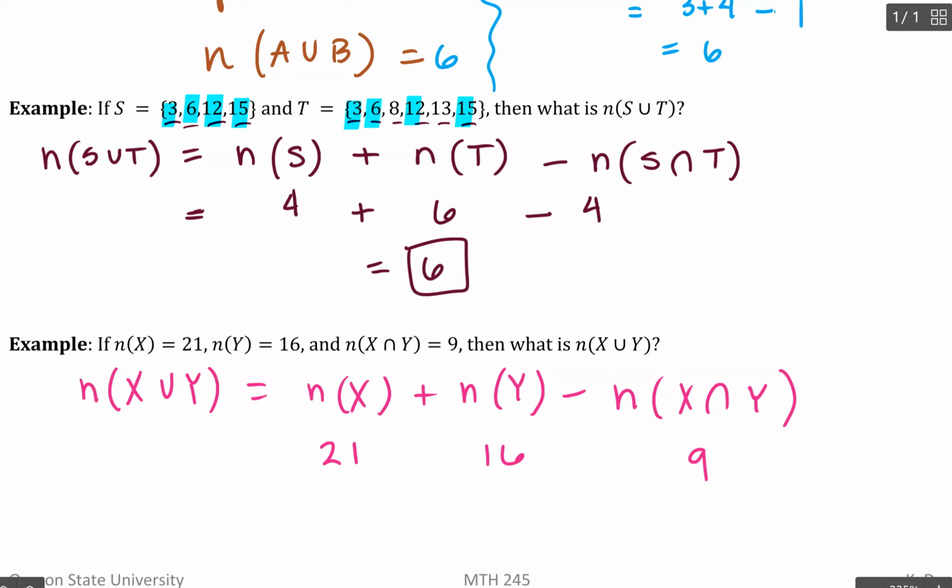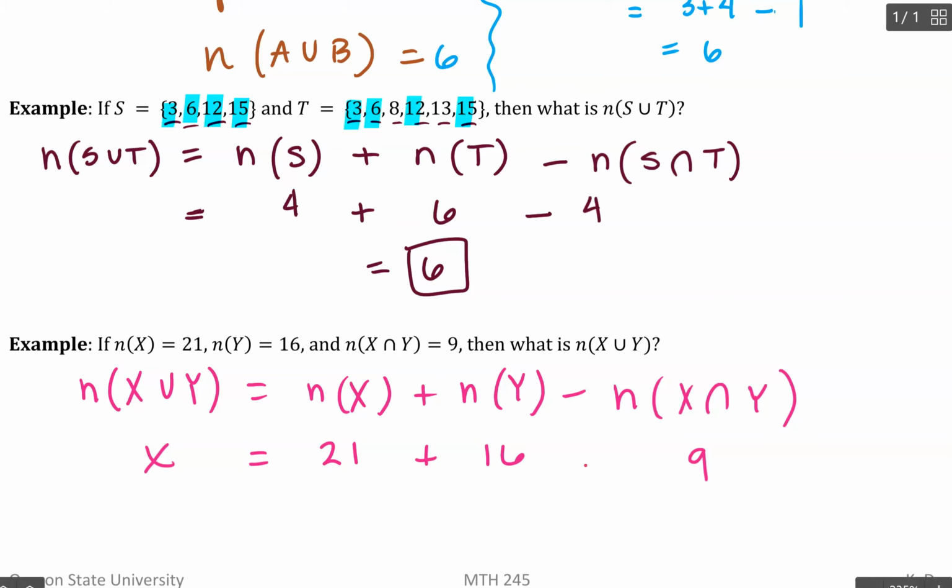Be really careful about what information you're given in the problem, because sometimes you're given maybe this piece and you're asked for another one of these. So just be cautious. But in this case, we are actually looking for what I'm going to call X. I'm going to put that in as a variable.